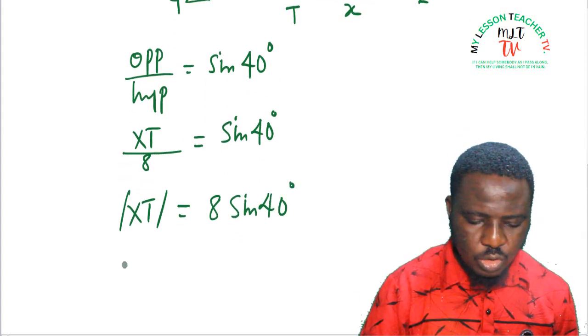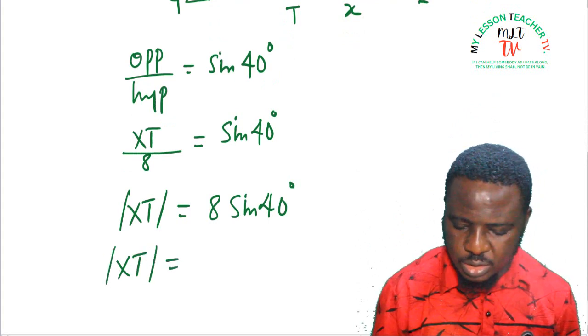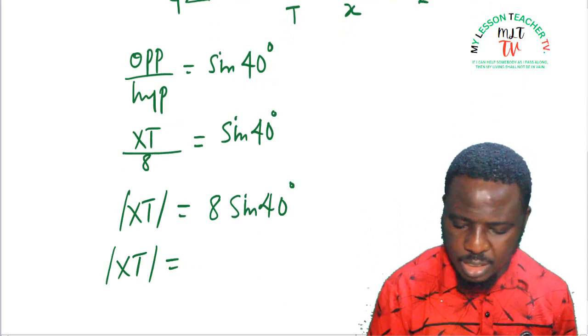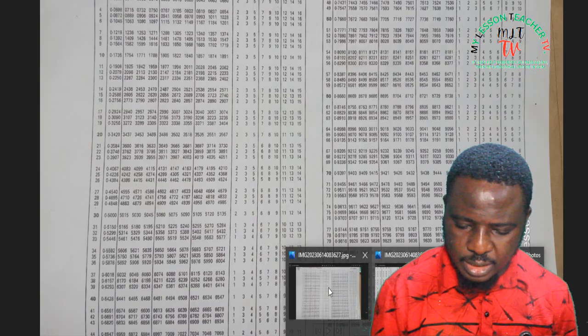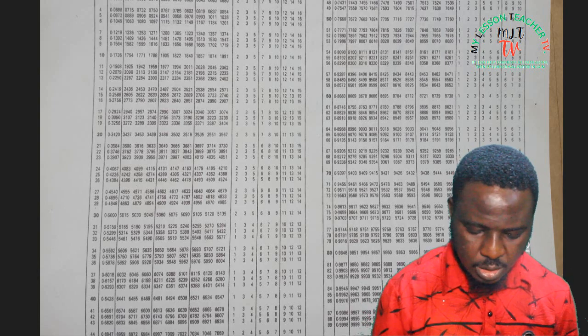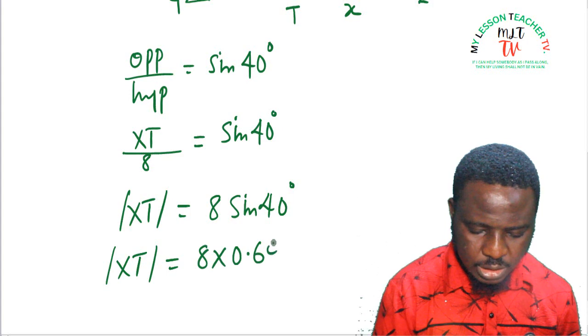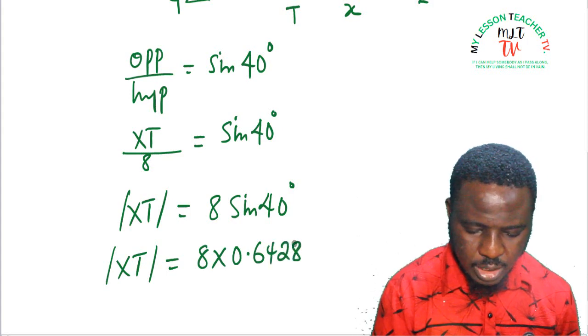Without the use of a calculator, you can get the value of sine 40 degrees by looking at your trig table. When you go to your trig table, sine 40 degrees is 0.6428. So this is 8 times 0.6428.